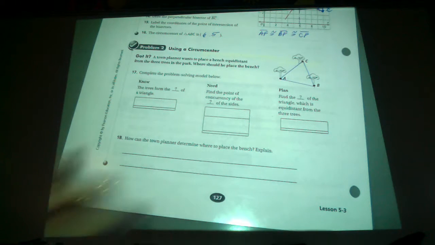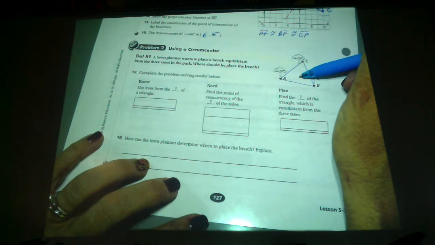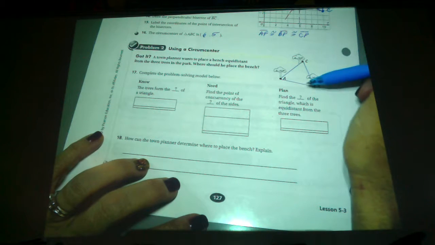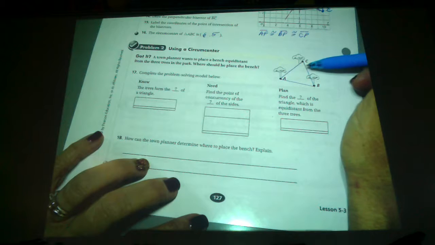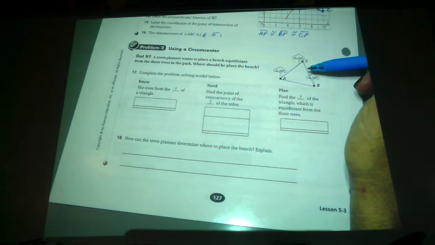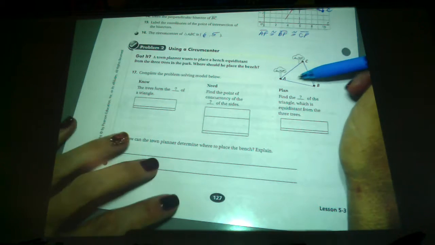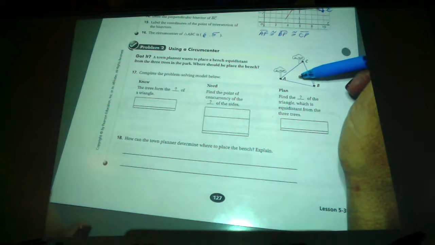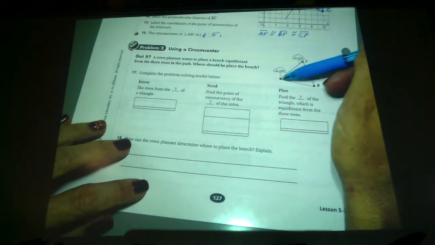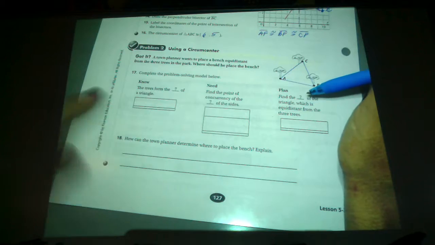Well, not the bench. If I want the bench to be equidistant, shouldn't I find all 3 perpendicular bisectors? Because the distance from, and that would create a point of concurrency or a circumcenter. So then that means that that circumcenter would be where the bench would be, and the bench would be equal distance from all the vertices of our triangle. So answer these questions here.